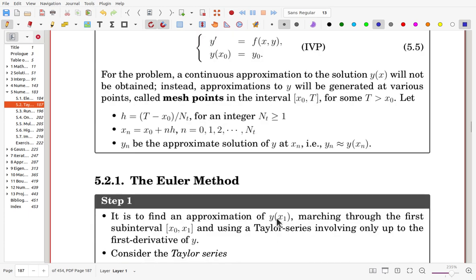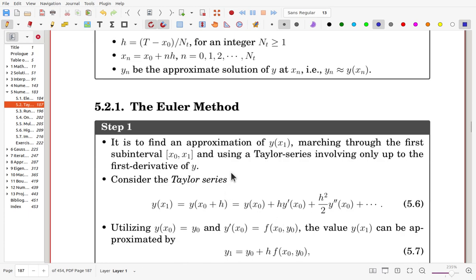Okay, now we'll see the simplest Taylor series method, the Euler method. We'll see the first step now, then we'll apply this technique for later steps.